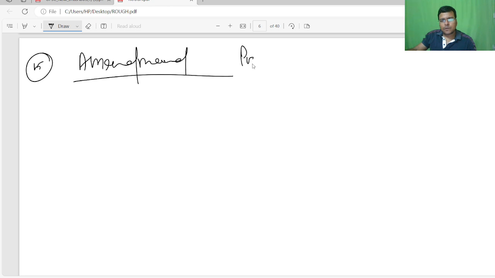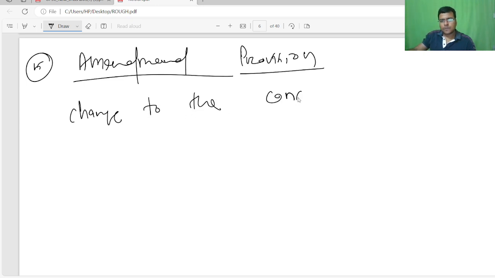Amendment provision. What is this? Amendment means, as you all know, change, alteration. It is a change to the constitution.